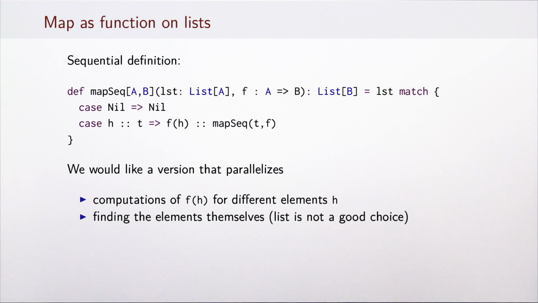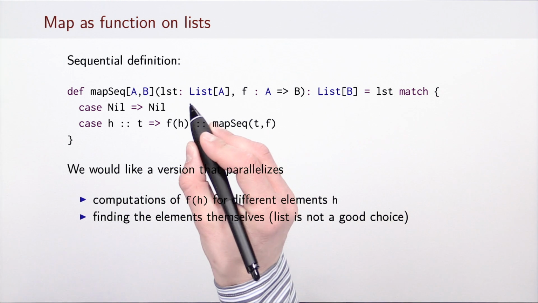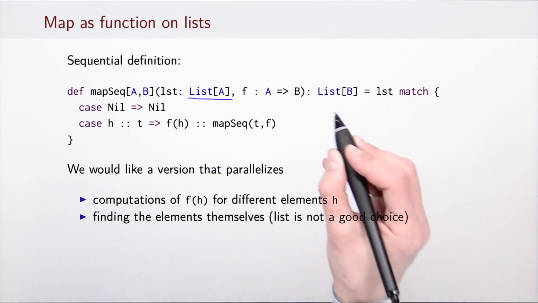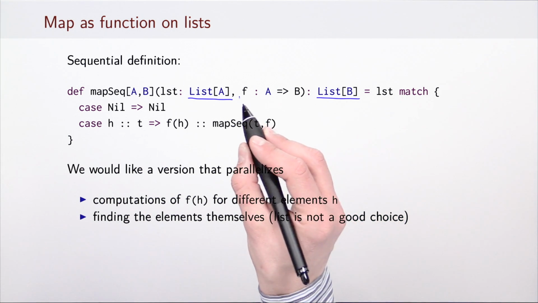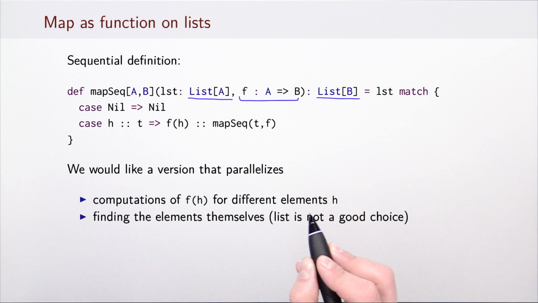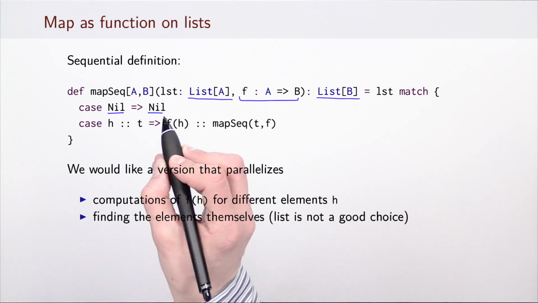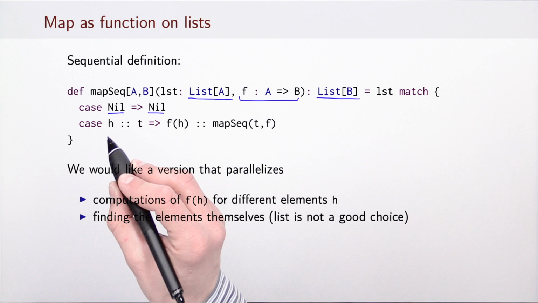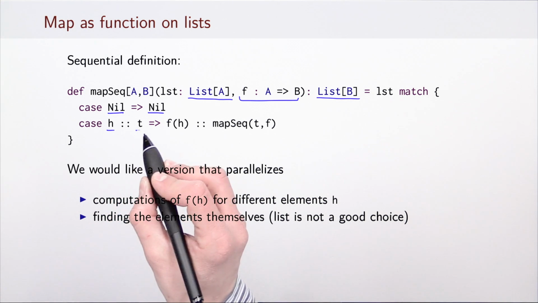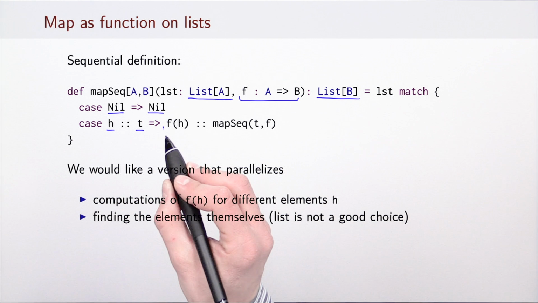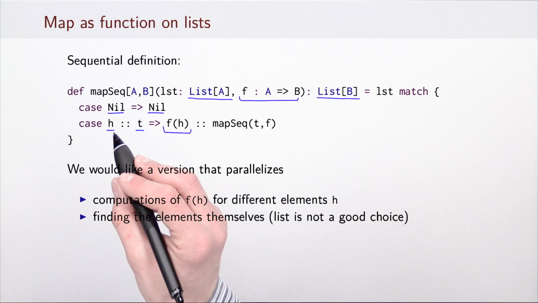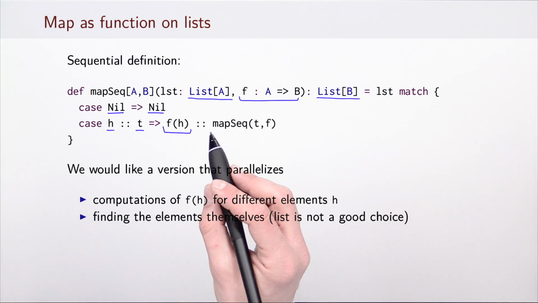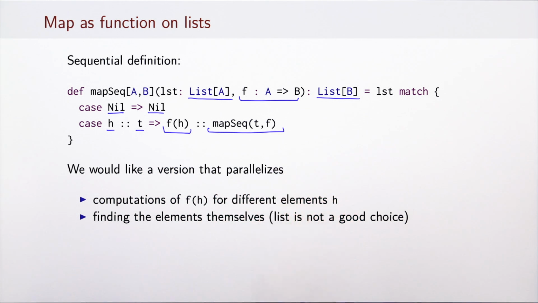It should be straightforward for you to come up with a recursive definition of a sequential map, which takes a list of elements of type A and produces a list of elements of type B. The resulting list should be obtained by applying function f. Clearly, if the input list is empty, the result is the empty list as well, and otherwise we have a list containing some head element and the remainder of the list, in which case we need to generate a list that applies function f to that head element and then continues recursively on the tail of the list.